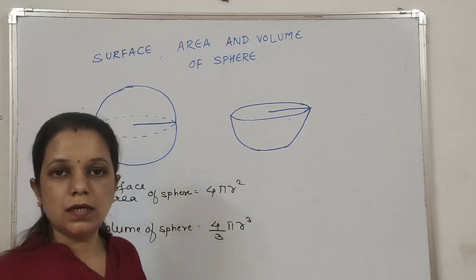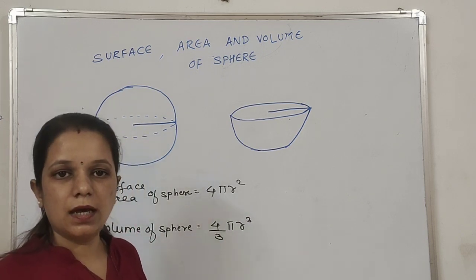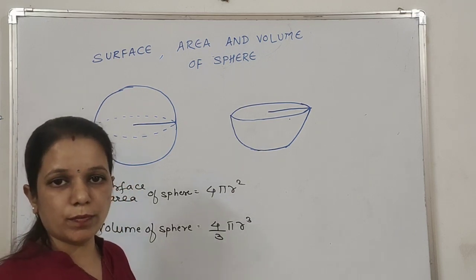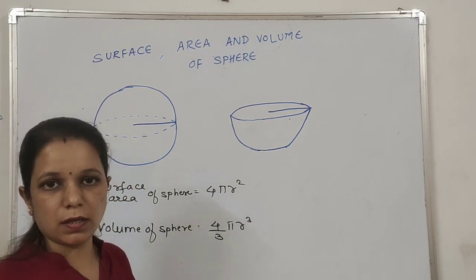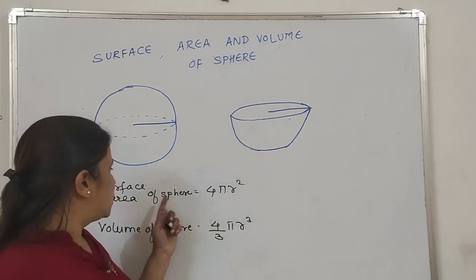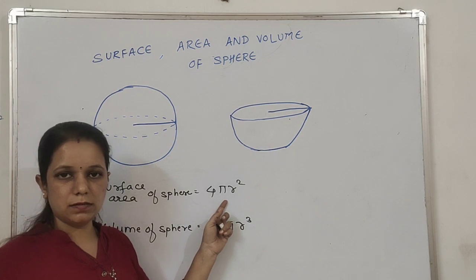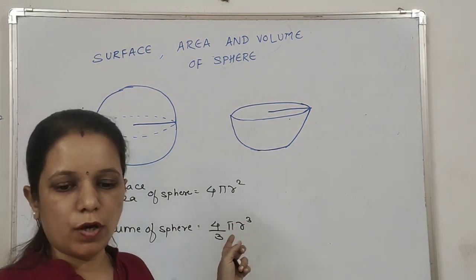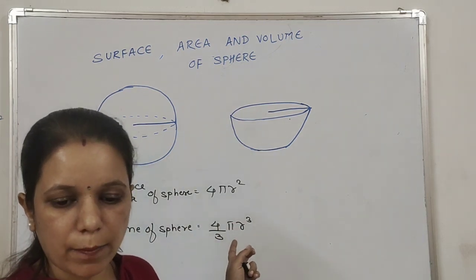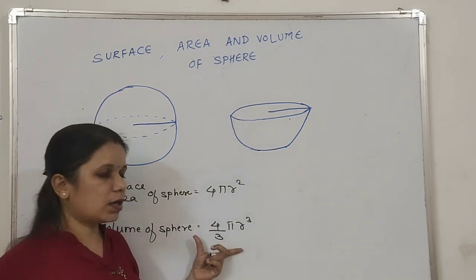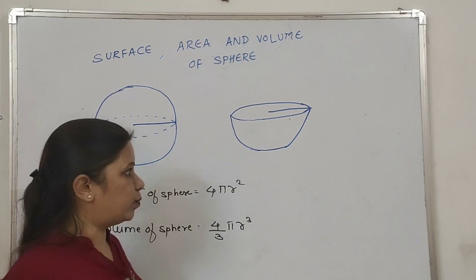This is the surface area and volume formulas for a sphere. Okay, surface area 4 pi r square and volume 4 by 3 pi r cube. These are the formulas for surface area and volume.